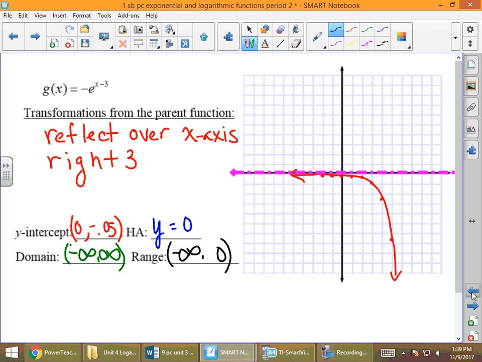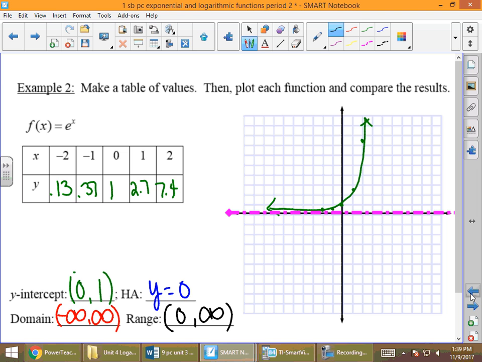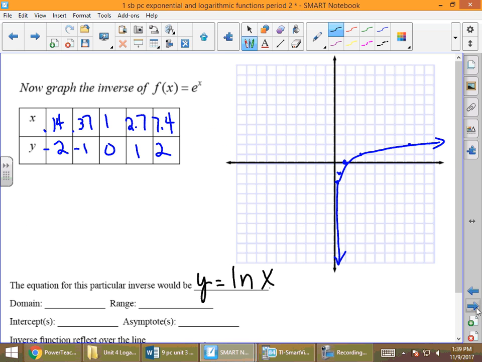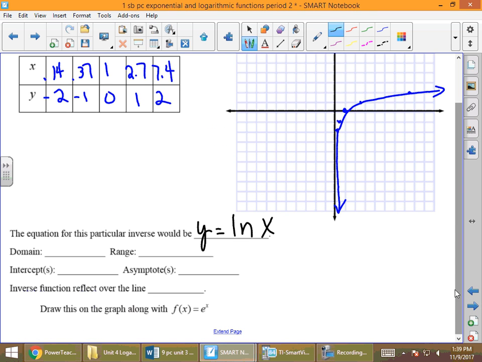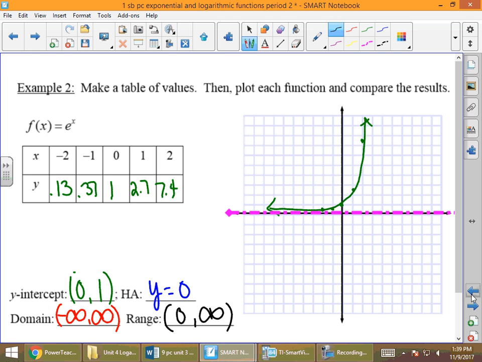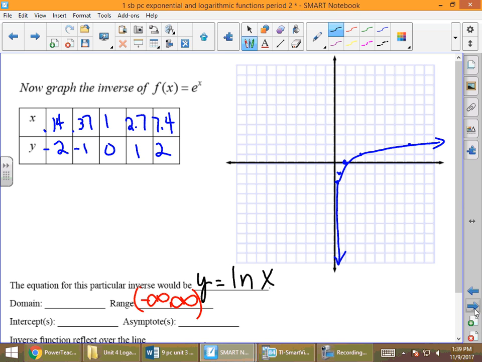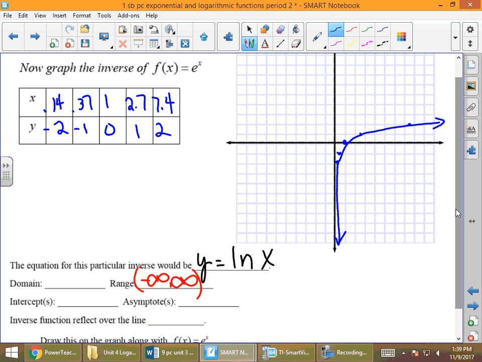And when we look back to the domain here from f of x equals e to the x, our domain is all reals, which means on this our range is going to be all reals. And our range from our original problem is going to be our domain, 0 to infinity, for this picture, which makes sense because it looks like we have a vertical asymptote.